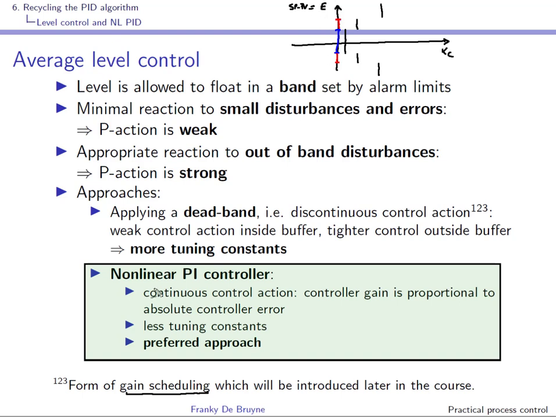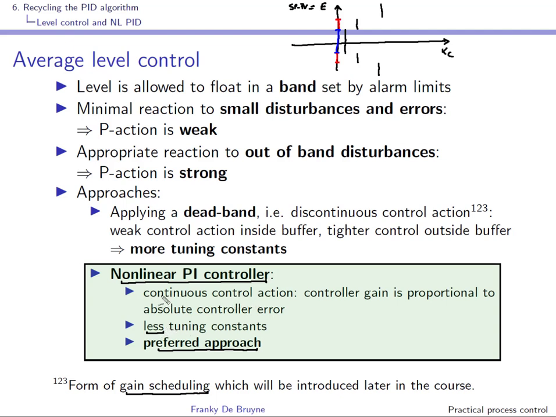The other approach is much simpler. It's the approach of a nonlinear PI controller. This sounds complicated, but you'll see this is quite easy, and this is also the preferred approach, and it will ask for fewer tuning constants, in fact only 1 or 2 depending on the case. The idea is very simple.